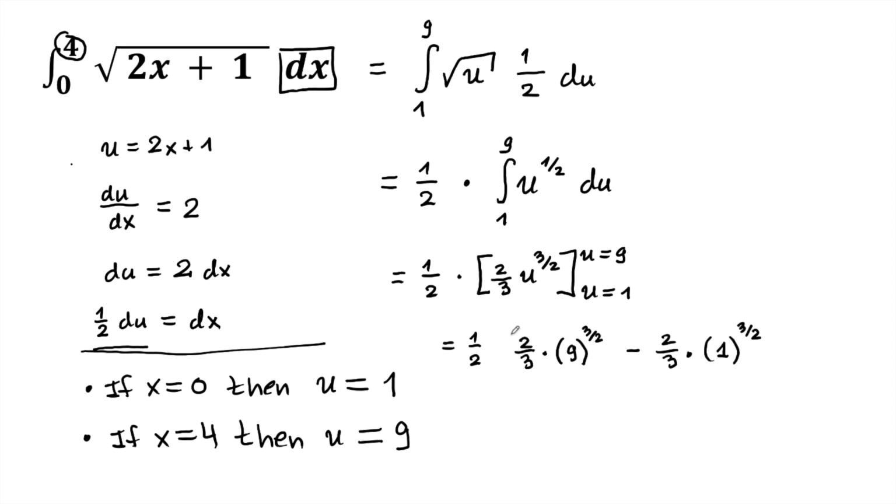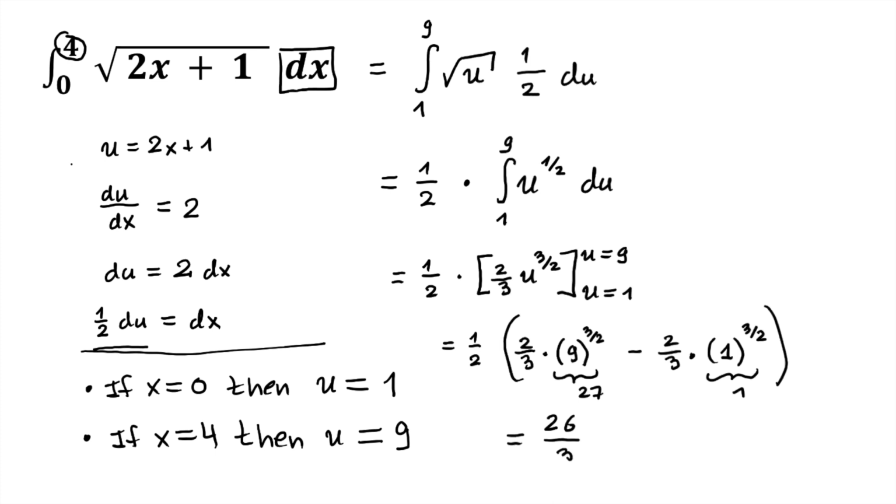So this number is 27, and 1 to the 3/2 is just 1. So when we simplify this, we get 26 over 3, and that's the definite integral.